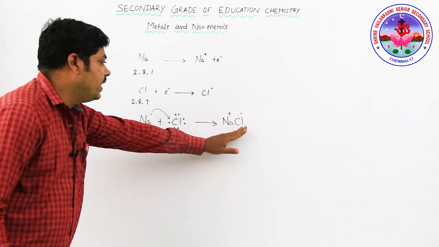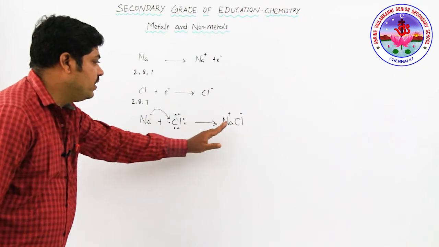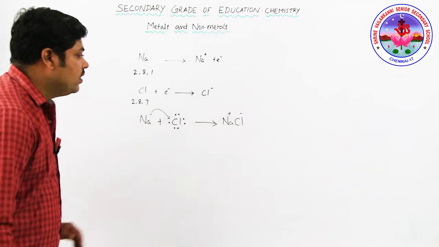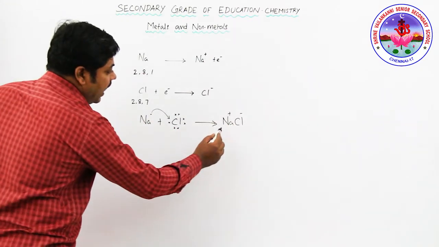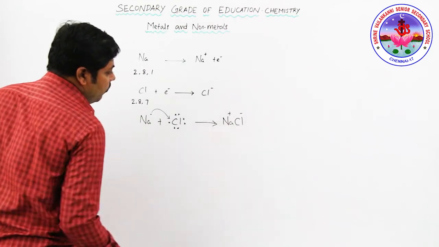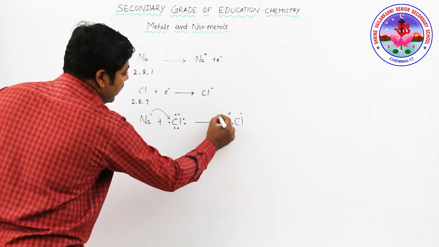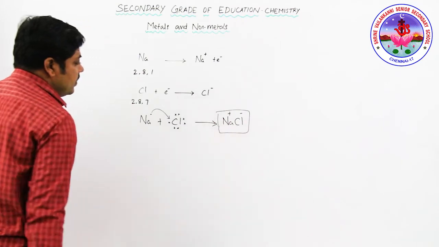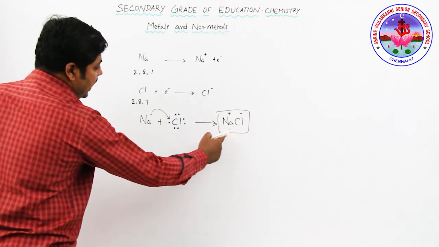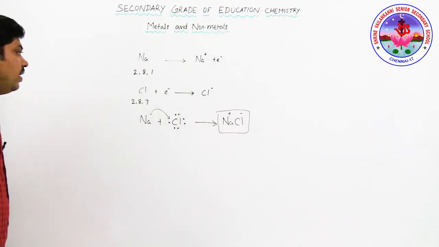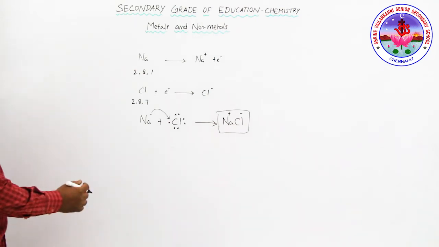The positive and negative charges occur between this metal and non-metal, and that's why they have electrostatic forces of attraction, that is, they are ionic in nature. That is why they have electrostatic forces of attraction between the sodium and chloride ions.